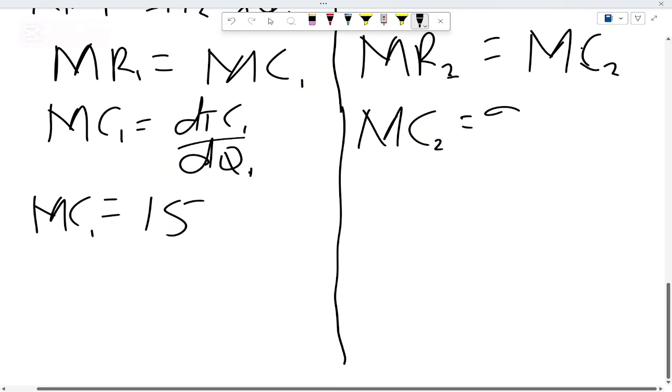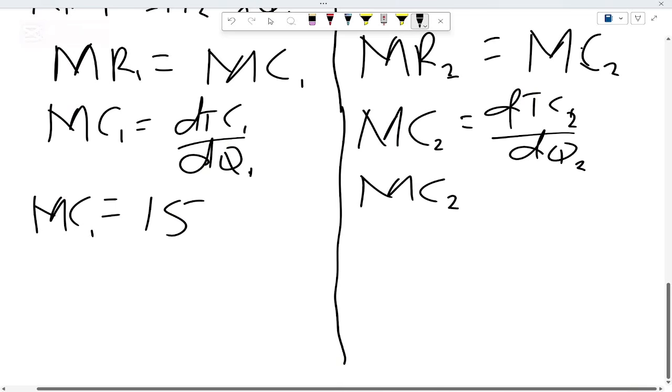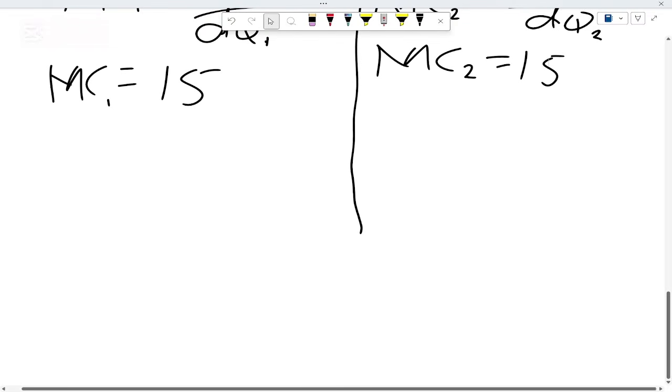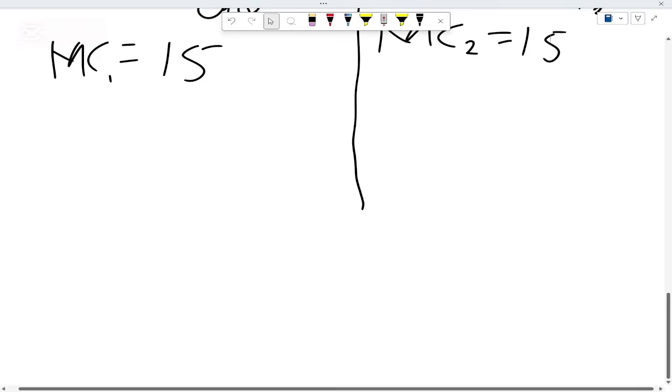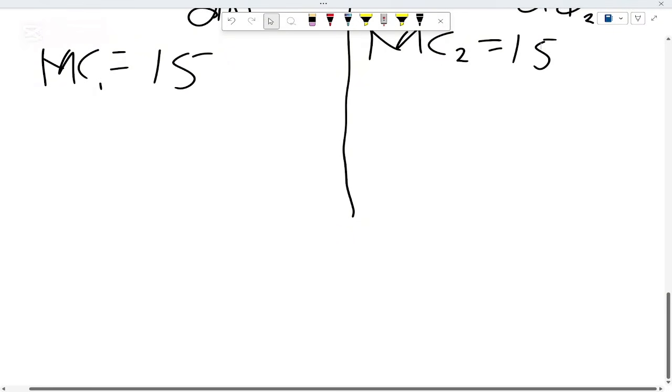You have the TC2 with respect to Q2. So your MC, now this time around you differentiate with respect to Q2, but it is still 15. So this is what you get. So now you can equate either of the equations. For each of the markets, equate the marginal revenue to the marginal cost.